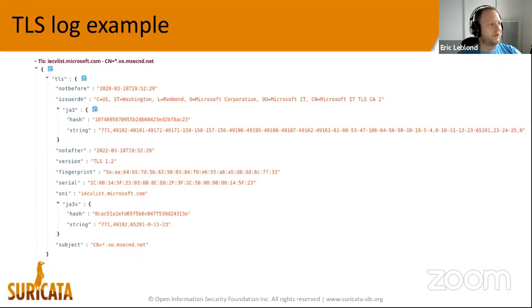Then you've got the GS3, which I will detail later. After that, you've got the not after, the version, and the fingerprint, which is the same as you can extract from the browser when you connect to a website. If you ask Firefox or Chrome to display the TLS information, it will give you a fingerprint. So that's why you can use that.